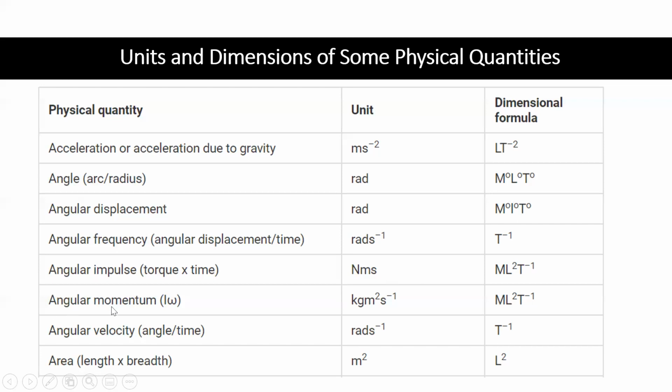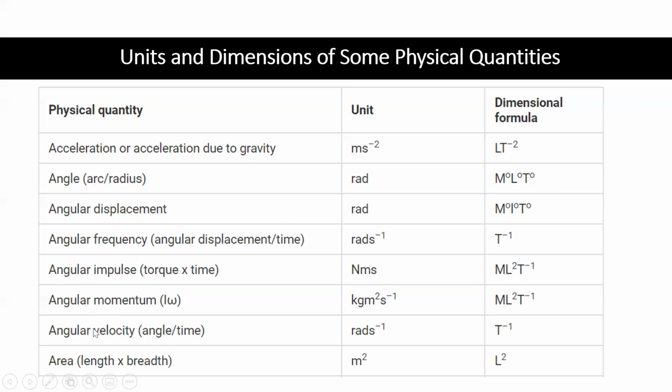Then comes angular momentum. Angular momentum also has the same dimension as angular impulse. Also remember that impulse and momentum have the same dimension. Similarly, angular impulse and angular momentum have the same dimension, m L square T raised to minus 1.